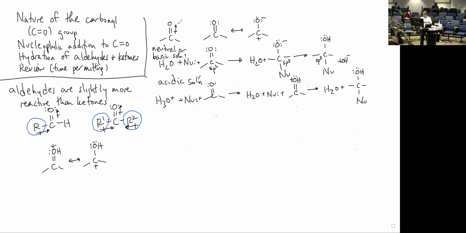You can say it's got a partial minus charge by virtue of the oxygen being more electronegative than carbon, or you can also say the oxygen has a partial minus charge due to resonance. This is a minor contributor to the overall structure, but it's an important minor contributor. As a result, we've got a partial negative charge on that oxygen, so no wonder it's possible to protonate that oxygen atom. And when you do, of course, the resulting species is still resonance stabilized.